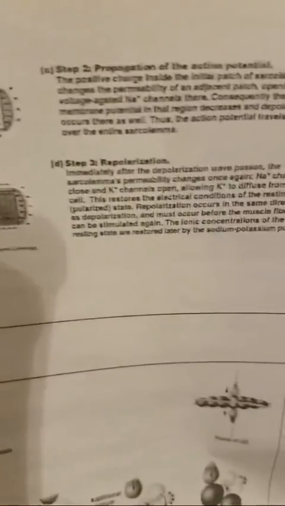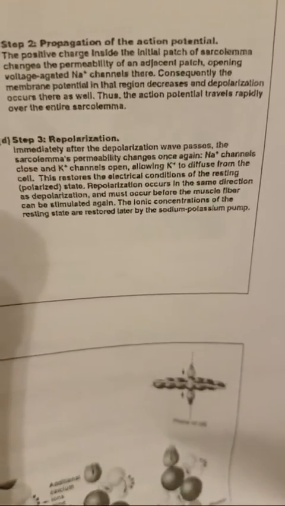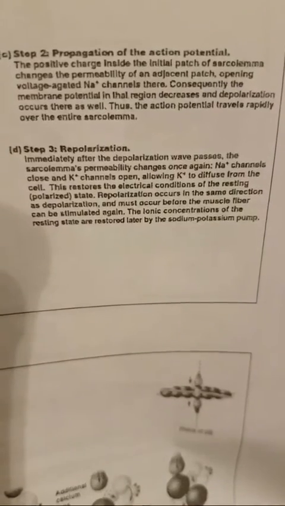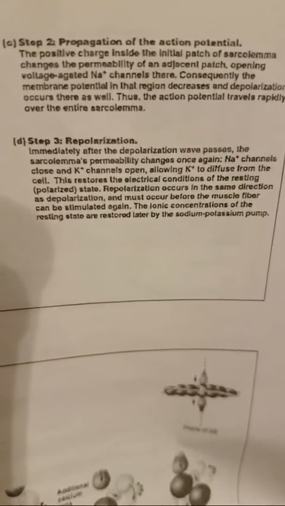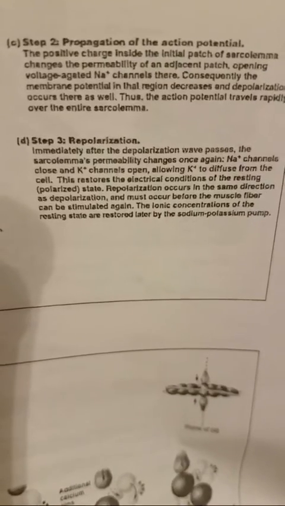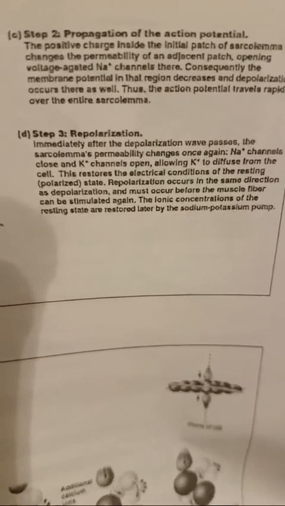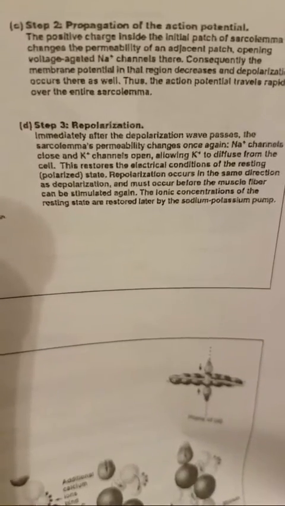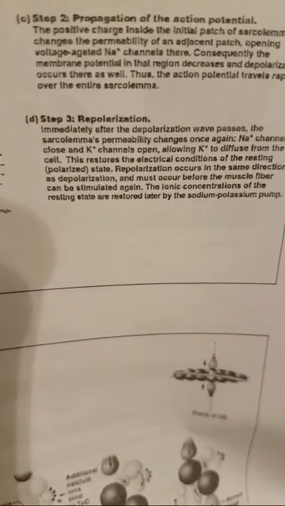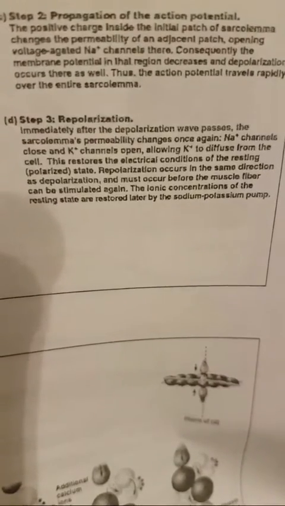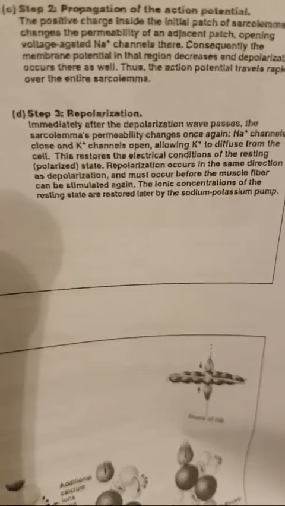And for step 3, repolarization. Immediately after the depolarization wave passes, the sarcolemma's permeability changes once again. Sodium channels close and potassium channels open, allowing potassium to diffuse from the cell. This restores the electrical conditions of the resting polarized state.